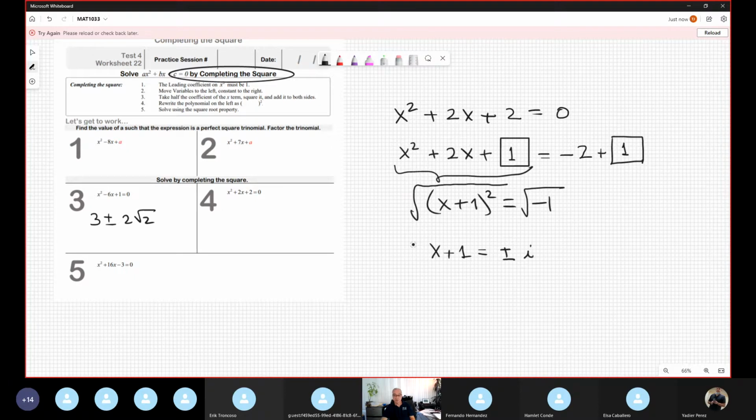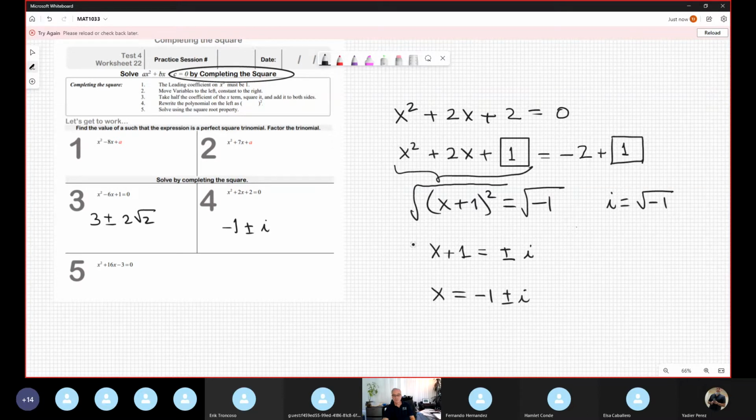Because by definition, i is the square root of -1. Do you understand that this is a symbolic way? So actually, in real life, it's the square root of -1, but everyone in the world calls it i. Okay? Now, finally, x is equal to -1 plus or minus i. This is the answer.